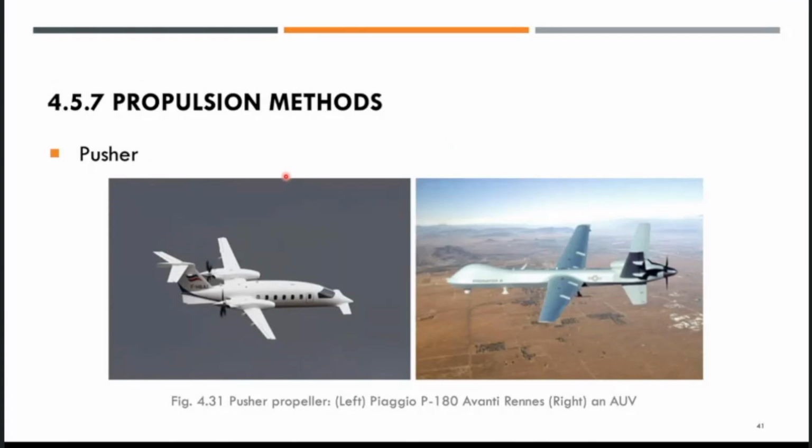Okay, propulsion method. We want to move to 4.5.7, right? Propulsion method, for propeller type of aircraft, can be pusher, where the propeller blades are installed behind the engine. Like the Piaggio P180 Avanti on the left picture and the UAV on the right, by the US Air Force.